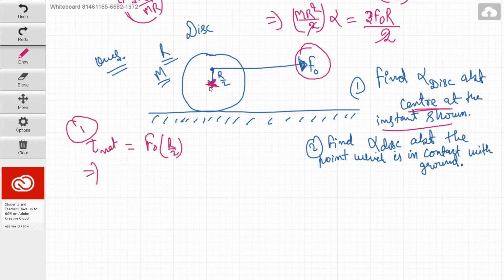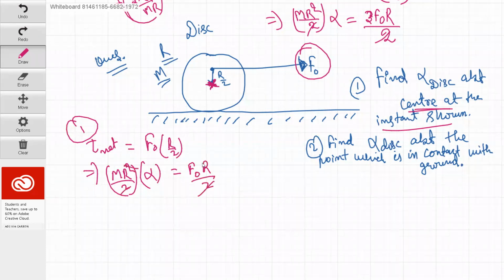So what is the moment of inertia about the center of this disk? That is equal to mr square by 2, isn't it? Moment of inertia of the disk about the center is mr square by 2 into alpha is equal to F naught R by 2. So alpha will be equal to F naught divided by M into R.